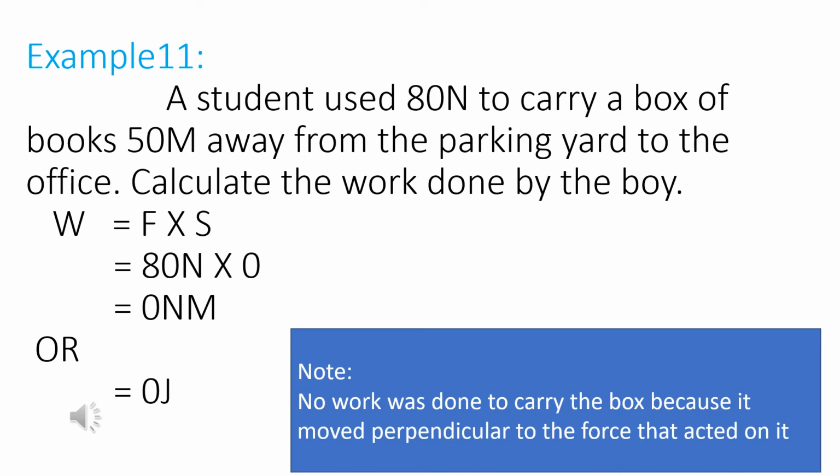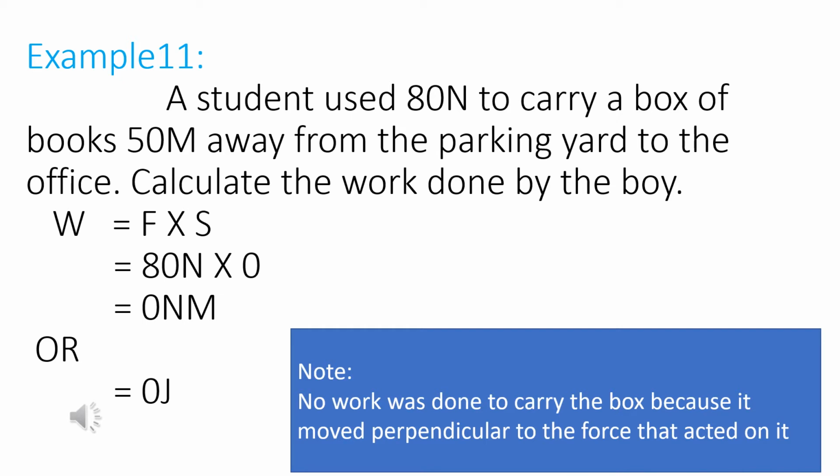Calculate the work done by the boy. I'll repeat. A student used 80 newtons to carry a box of books 50 meters away from the parking yard to the office. Calculate the work done by the boy. Work equals displacement multiplied by force. Alright.